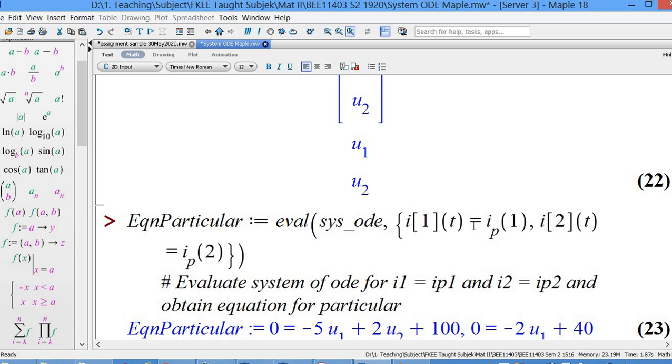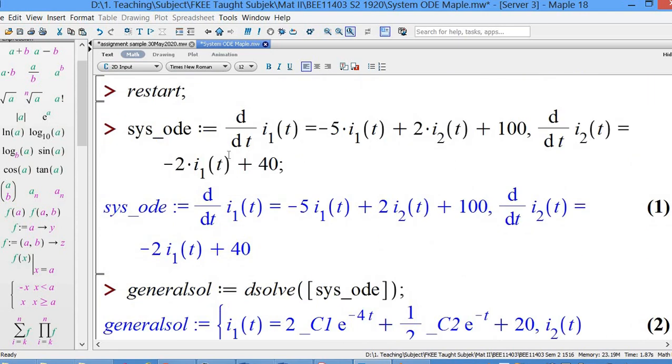I1t is substituted with IP1, I2t substituted with IP2, so I1t with the first row of the IP and I2 with the second row of your IP.